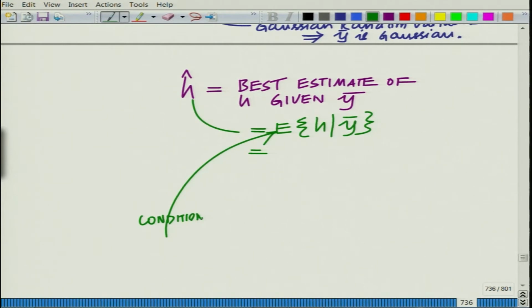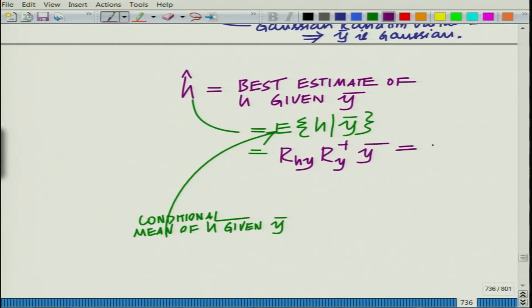This is the conditional mean of h given y bar, and this as we have seen is given by R H y, the cross covariance between H and y, times R y inverse into y bar, that is essentially equal to your H hat.